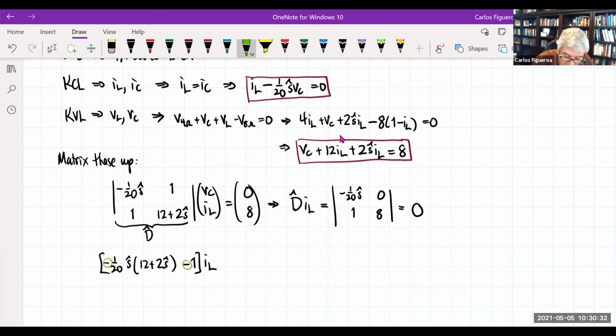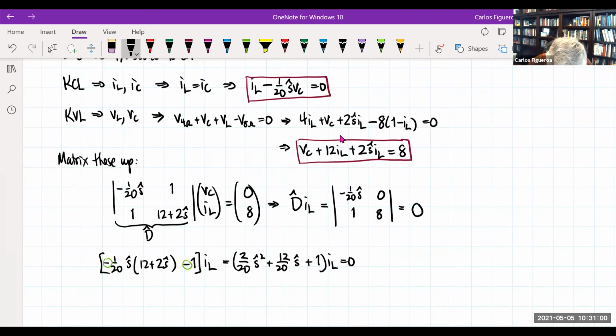So this should be 1/20 s hat squared plus 12/20 s hat plus 1 equals 0.